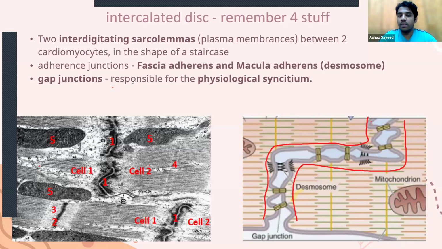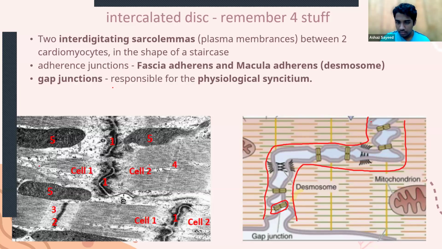These are responsible for the physiological sensation we see. For example, let me mark them for you. For all the cells to contract at the same time, they should have a signal going through them at the same time. So this signal is transmitted from one cell to another very quickly through these gap junctions.